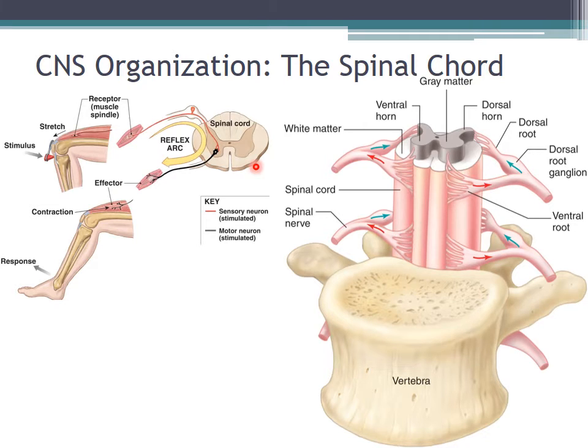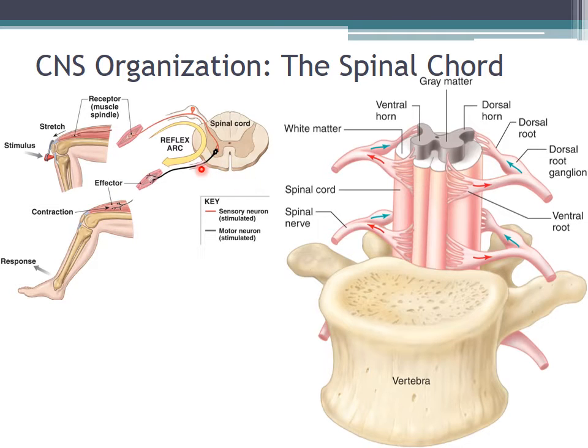So if you have a small number of synapses, you can keep your delay time within milliseconds. However, if you start to have thousands or more synapses, this can significantly increase the time delay between detection of a stimulus and your ability to respond to it.